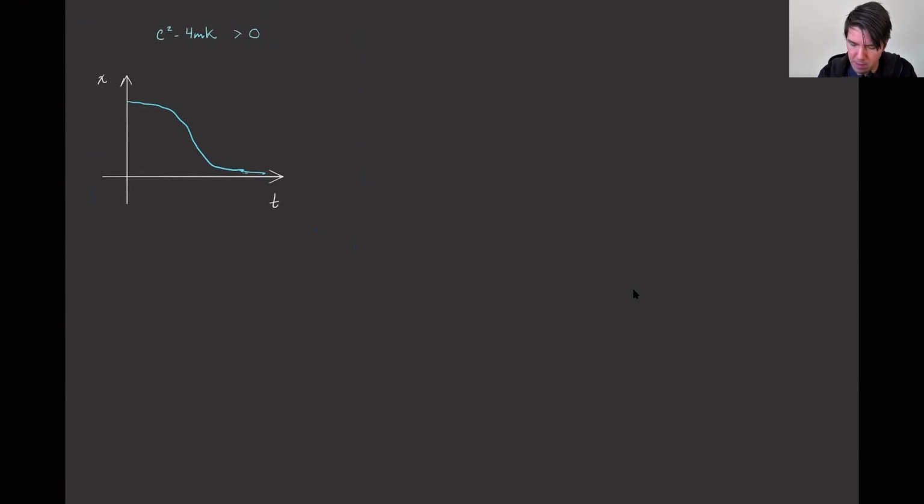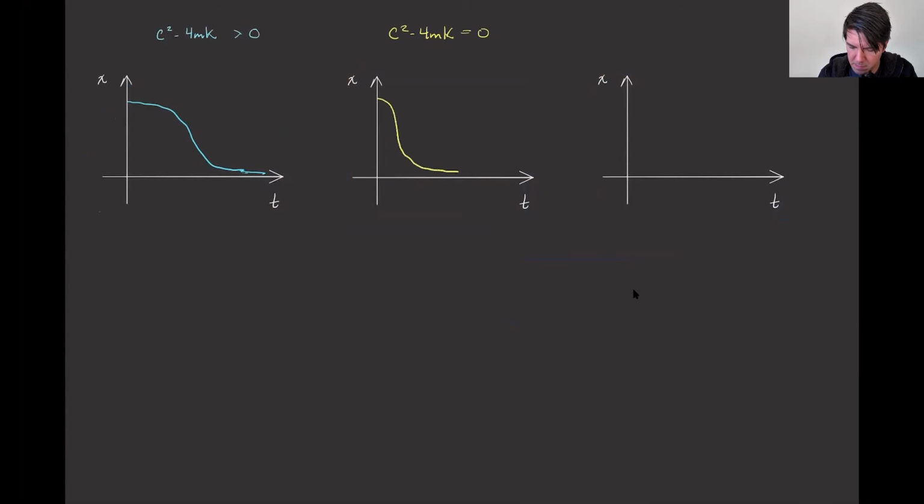Then if you have, let's say, c squared minus 4mk is equal to 0, you'll have something that looks pretty similar. It'll look the same, except in comparison, it will approach the t-axis faster. It'll sort of drop quicker. So it might look something like this. Same basic shape, but it just drops faster.